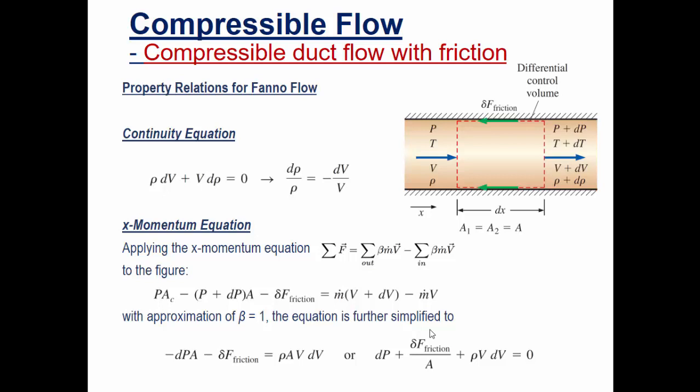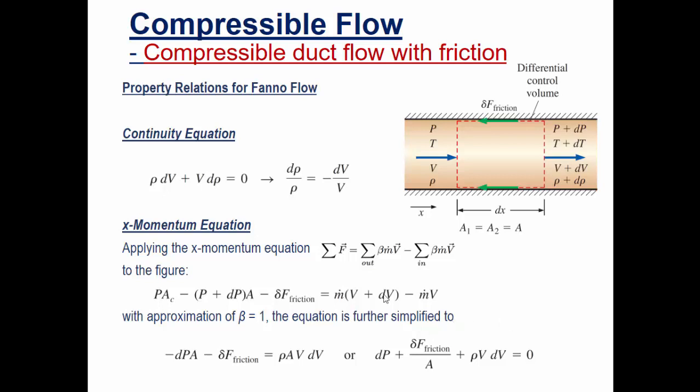To make it simpler, it was told earlier that we assume beta, or the momentum flux correction factor, equal to 1, and we will have a simpler equation.